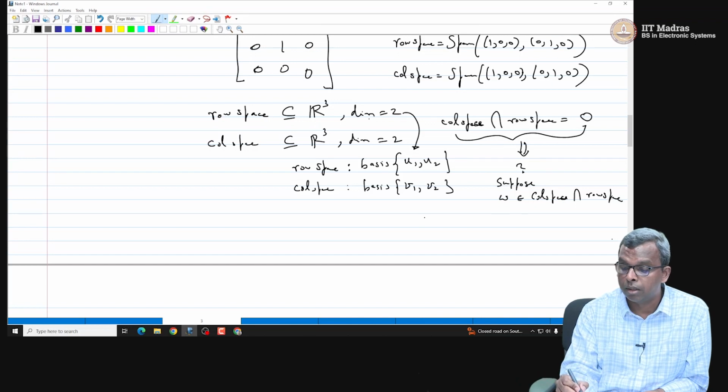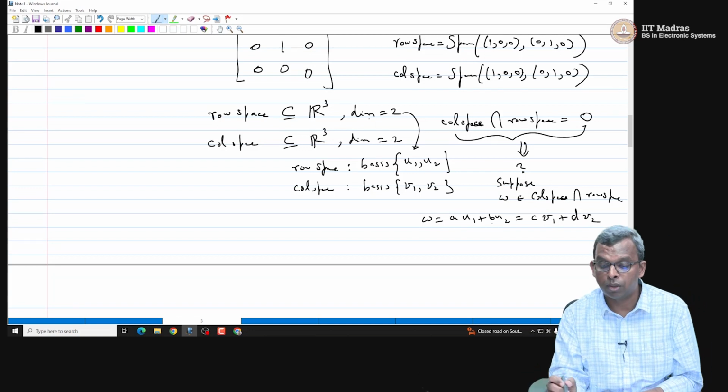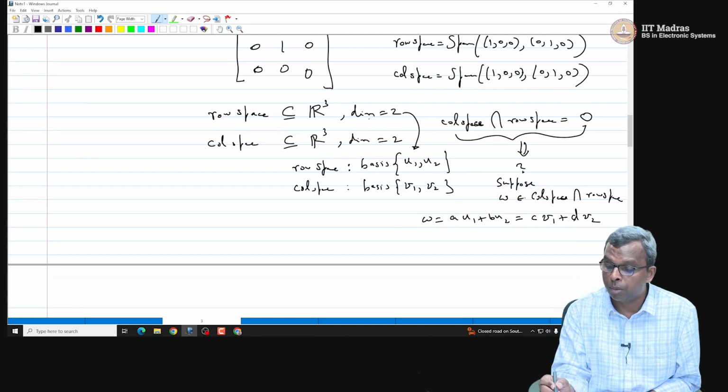What does that mean? W can be written as a u1 plus b u2. It can also be written as c v1 plus d v2, right. So, that is what it means. If it belongs to column space intersect row space, it belongs to the row space and the column space. So, because of the intersection, both of these can be written like this.